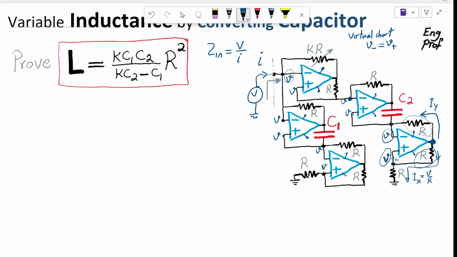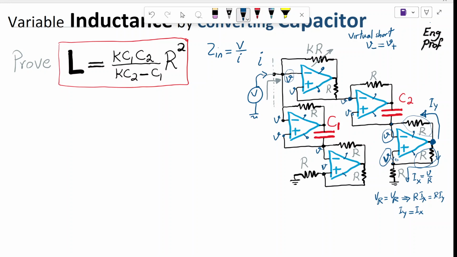I can say VR equal to VR. Basically, I'm trying to say that the voltage drop across these two resistors is the same. So that means R IX should be equal to R IY. As a result, IY with the direction shown there is equal to IX. So great, IY with this direction is equal to V over R.